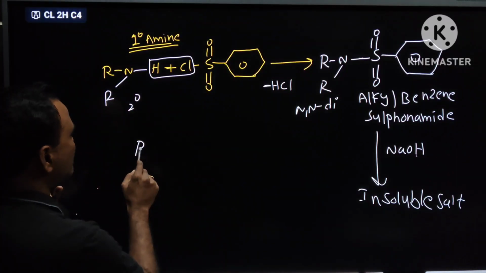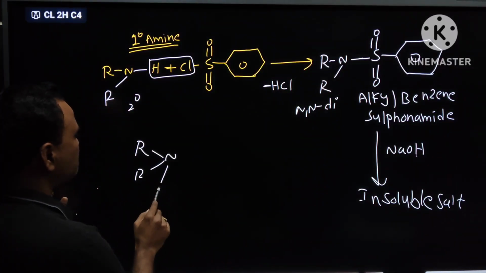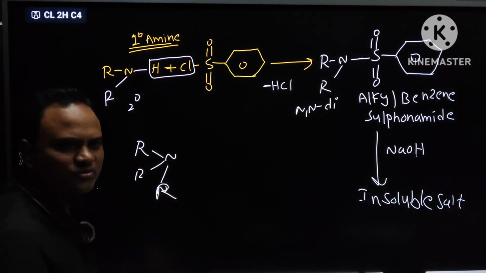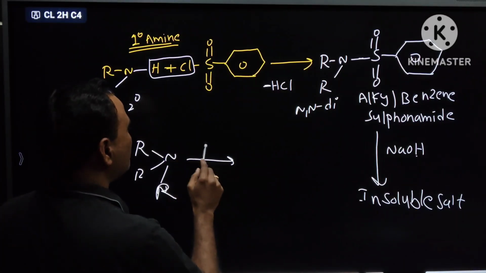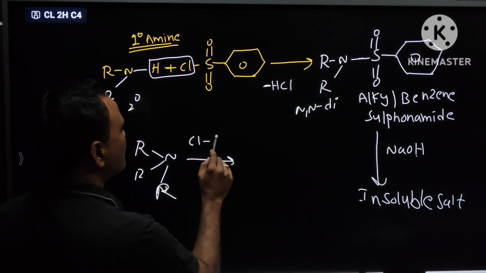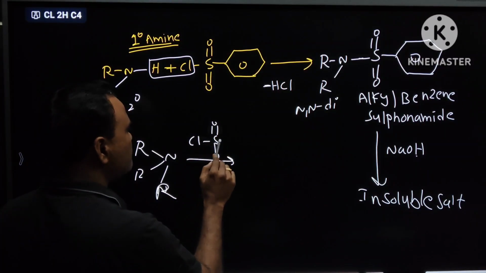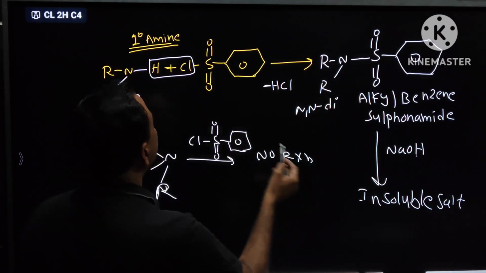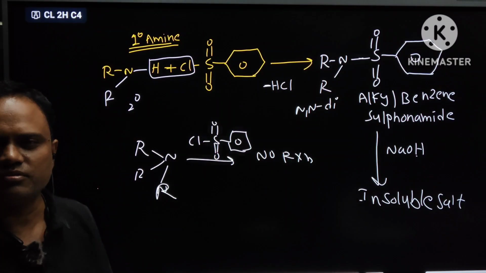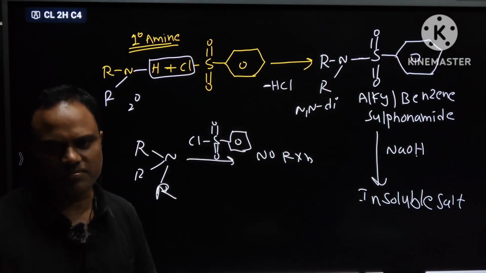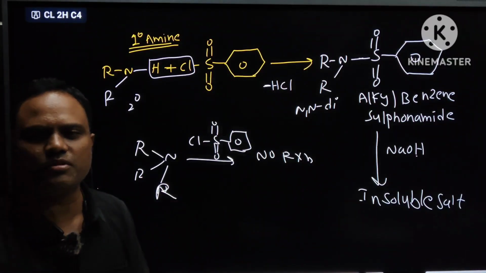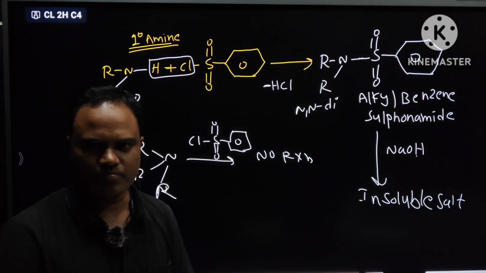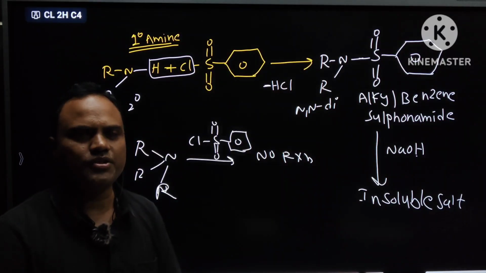But if you take tertiary amine, where is hydrogen? There is no hydrogen to remove. That's why 3 degree amines do not react with benzene sulfonyl chloride. No reaction, because there is no hydrogen to remove. That is about the mechanism. If you see the mechanism, you can remember easily instead of by hearting. Clear? Right. Okay.